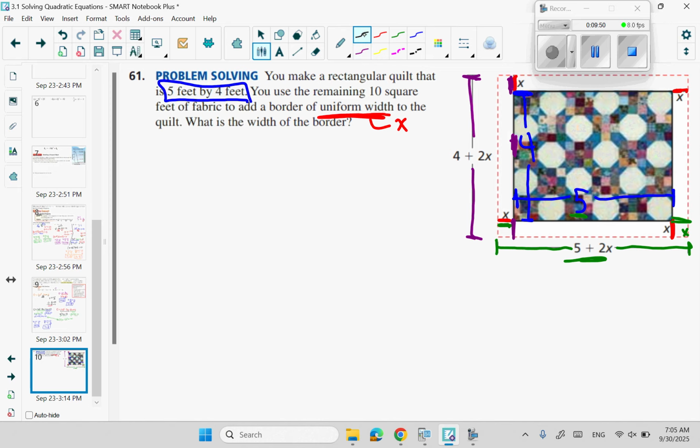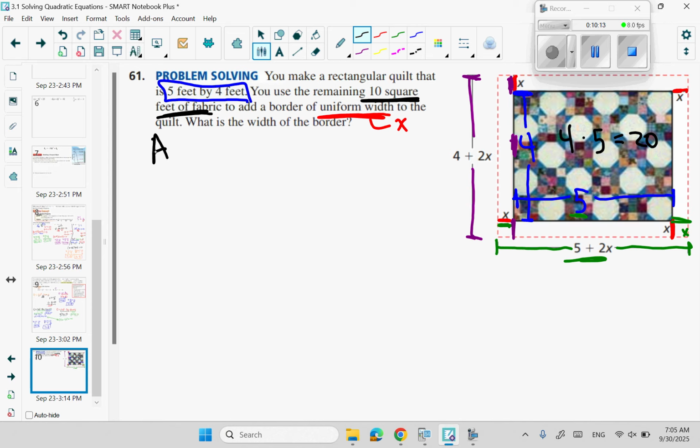Now, what can I do with this? Well, I can use a trick using a matter of area. I know that I can find the area right here, 4 times 5 equals 20, of the area just inside the quilt. I also know that I have 10 square feet of fabric more.